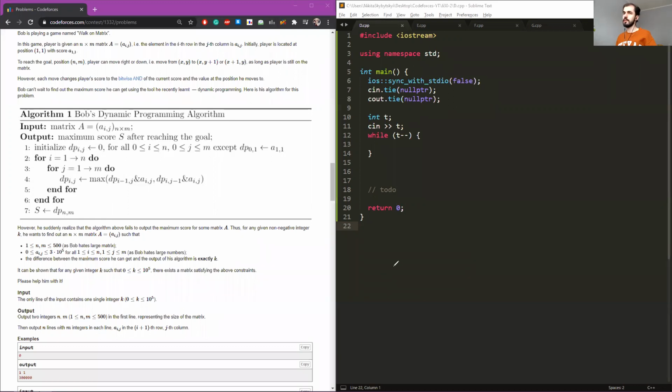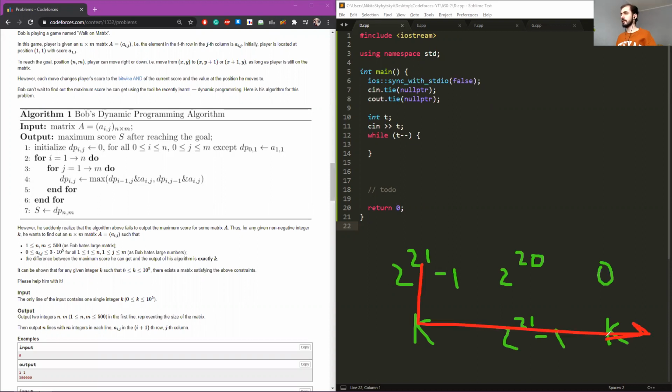So the actual matrix that we want to print is like this. Here goes 0. Here is k, here is k. Here is 2^21 minus 1. Then the optimal path is like this because it has an AND of k.